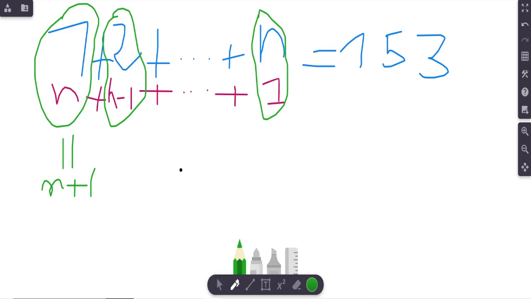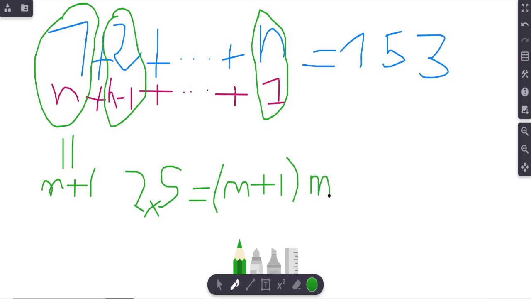So if you write the sum s, so you have 2 multiplied by s, it will be equal to n plus 1 multiplied by the number of terms, it's n. Okay. So basically what you have to do is to add those two lines.